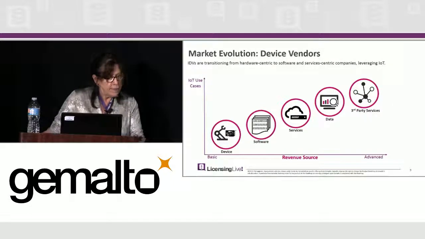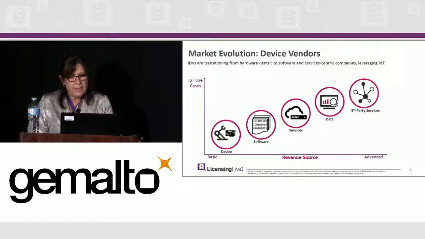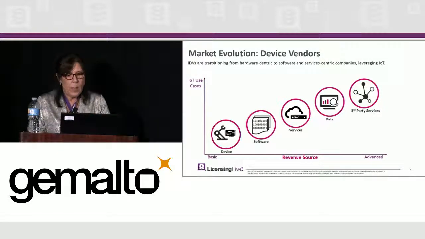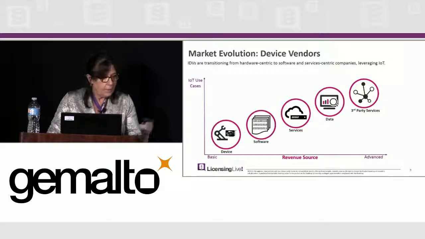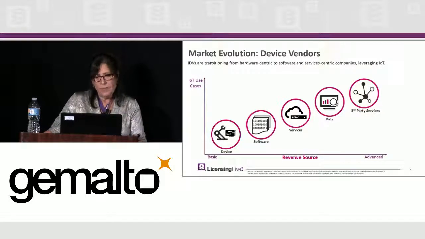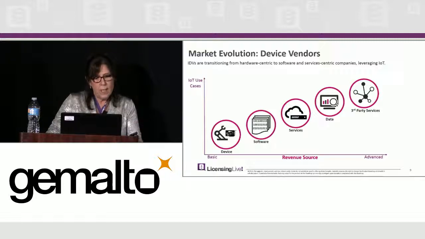So looking at this evolution, the x-axis represents the transformation through the vendor's various revenue sources, and the y-axis represents the development of this transformation towards IoT use cases.